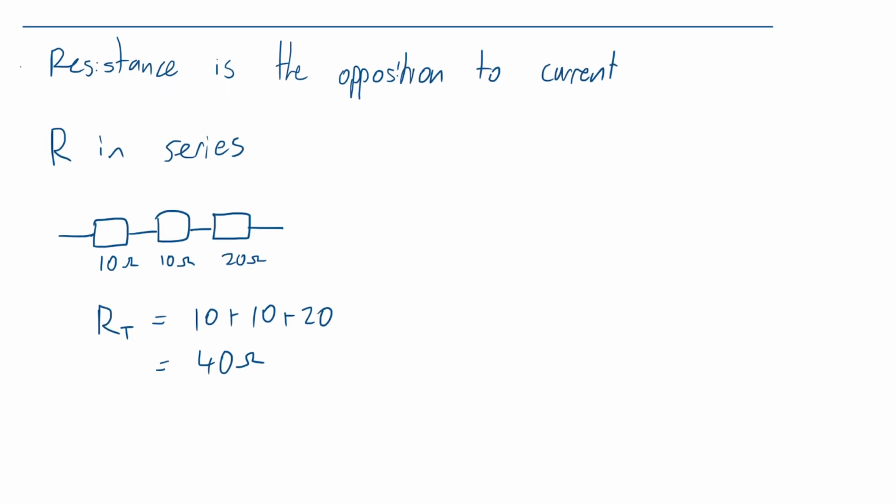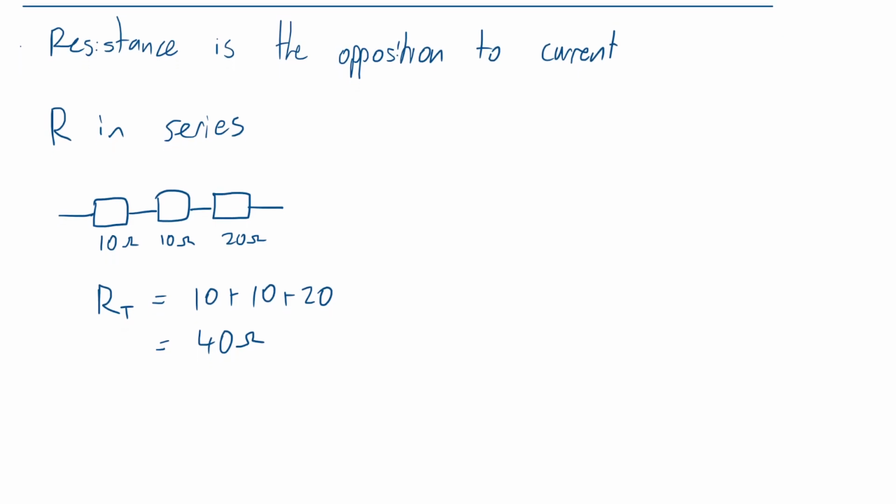Again, this isn't a full circuit, but you could imagine a battery is attached. These 3 resistors are in series. But I'm not going to draw the rest of the circuit, just to keep it a bit neater.